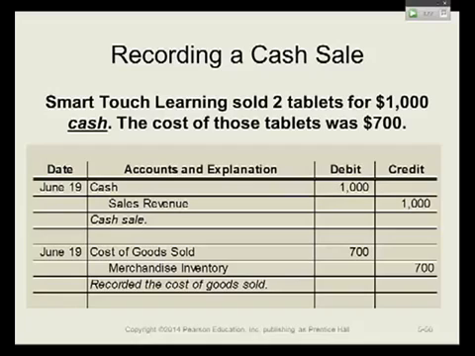So if I could put this back up for you, it is consistent that the purchase cost of that inventory is $350. So they sold 2 units at $350, so their cost of sales is going to be $700. So that's where they're getting that number from. So the cost of goods sold is 2 times the $350, or the $700.